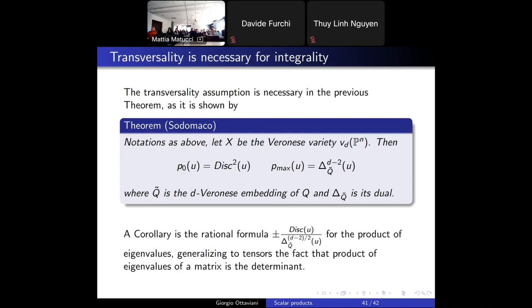And as a corollary, you know that for matrices, the product of the eigenvalues is the determinant. So you can ask what is the product of eigenvalues? And the product of eigenvalues is given by the ratio between these two.